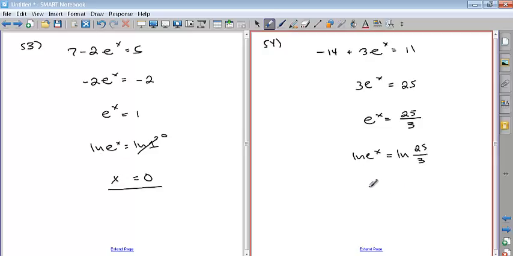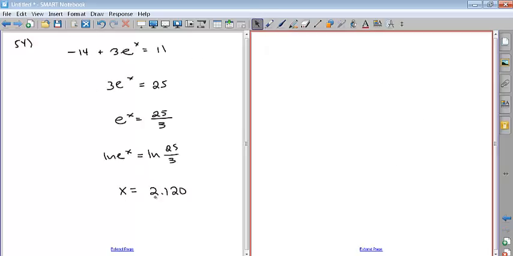The natural log of e to the x is x, and the natural log of 25 divided by 3 is 2.120. Again, go back and plug that in: negative 14 plus 3 times e to the 2.120 is 11.